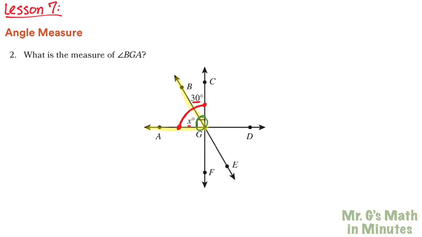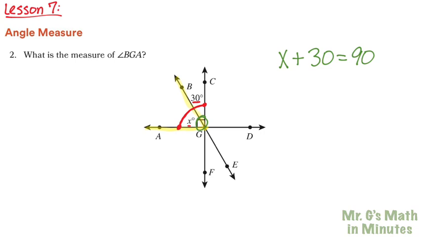So in building our algebraic equation, we take that first angle, X, and add it to the angle that is equal to 30 degrees, and make that equal to the whole angle CGA, which is 90 degrees. Now it's working out the algebra that we need to concern ourselves with.